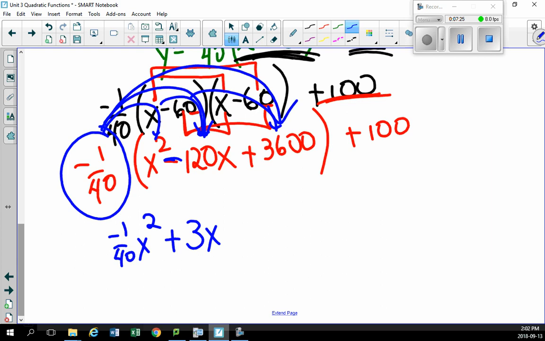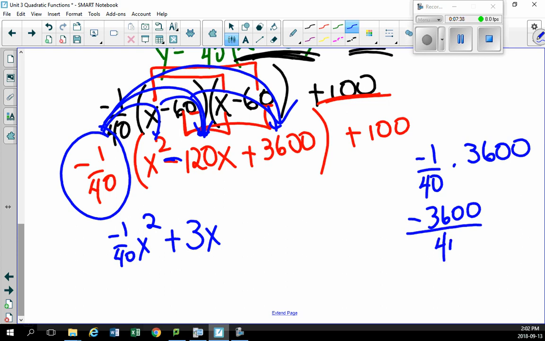Last thing to distribute in is my negative 1/40th times my 3600. Of course, that's going to give us negative 3600 over 40. And check this out. The zeros cancel here, giving me negative 360 over 4. Which, if you think about it, is negative 9 because 4 goes into 36 9 times.